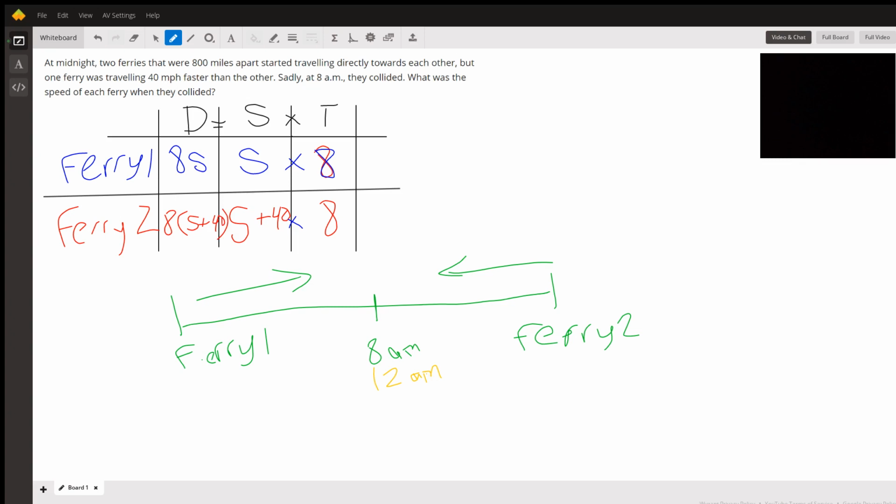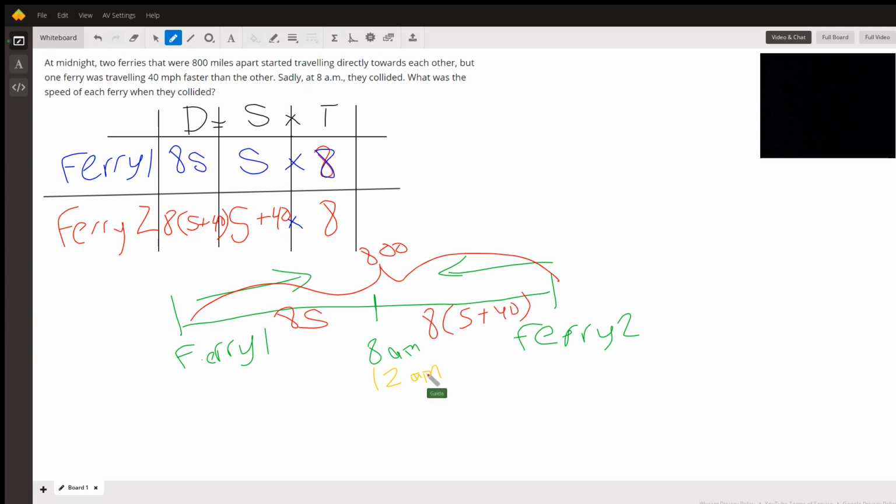Now, we know that they were 800 miles apart, so this whole distance right here is 800. We don't really know how much ferry 1 went, and we don't know how much ferry 2 went. One was going faster, so it might have covered more distance. So we'll do what we can. We know that ferry 1 went a distance of 8S, and ferry 2 went a distance of 8 times S plus 40.